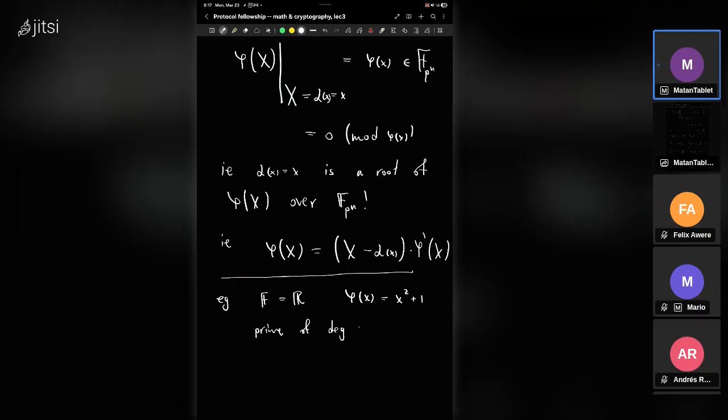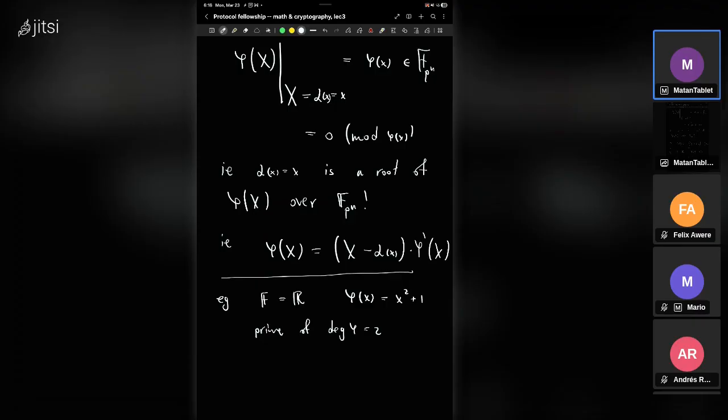Why is it prime? Because for a polynomial of degree 2, if it doesn't have any roots, then it has to be prime, because the only way you can factor a polynomial of degree 2 into a product of two things is (x minus alpha)(x minus beta). So if you don't have any alpha, beta, where alpha and beta are roots, then this is a prime polynomial.